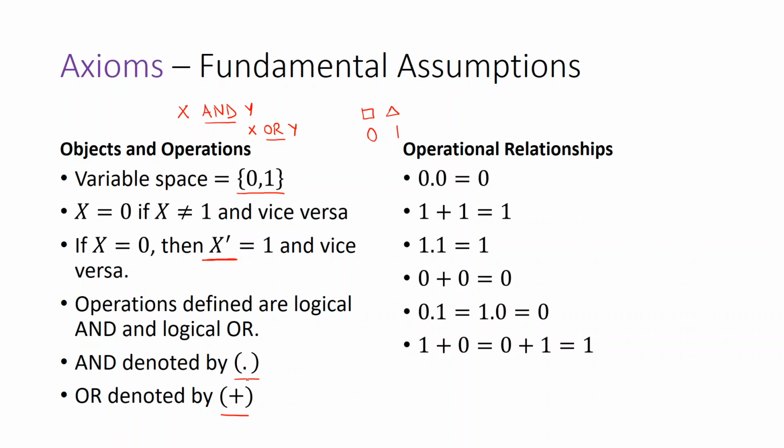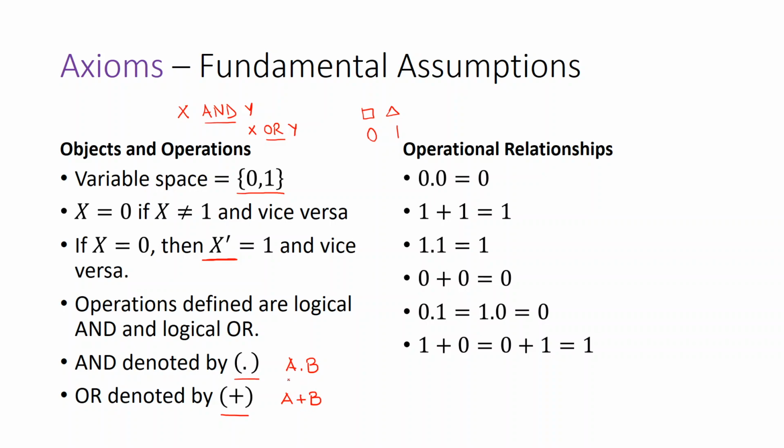When you are in the purview of Boolean algebra, the dot represents the AND operation. So this is A and B, where A and B are Boolean variables, which can be 0 or 1. Similarly, this is not A plus B but A or B. So please pay attention to this and don't mistake it.